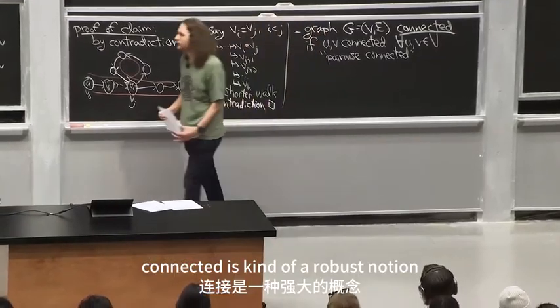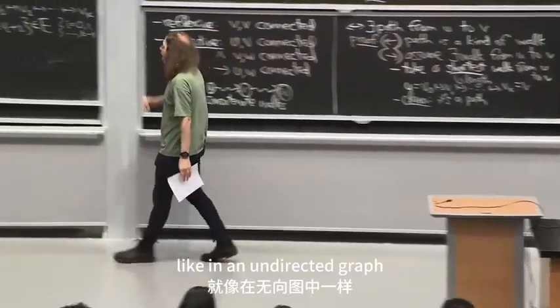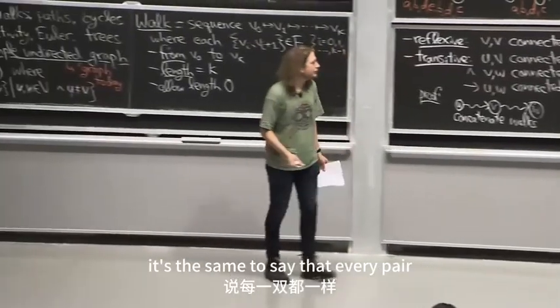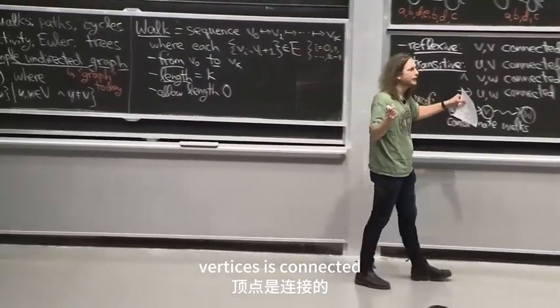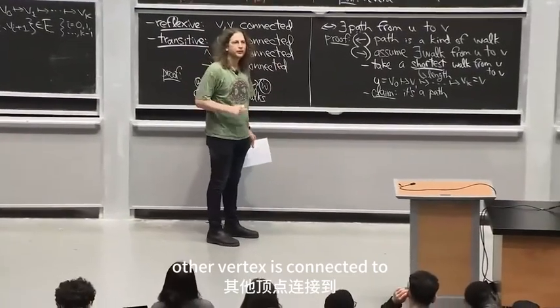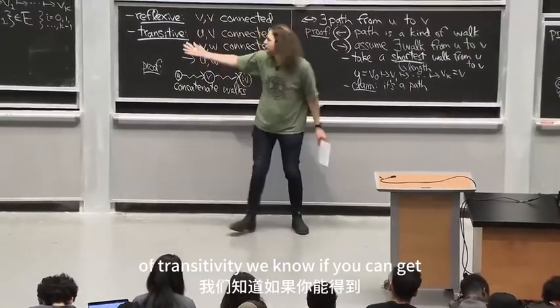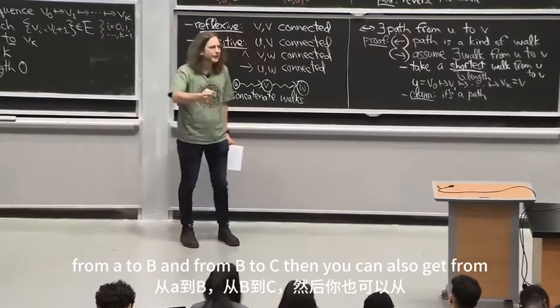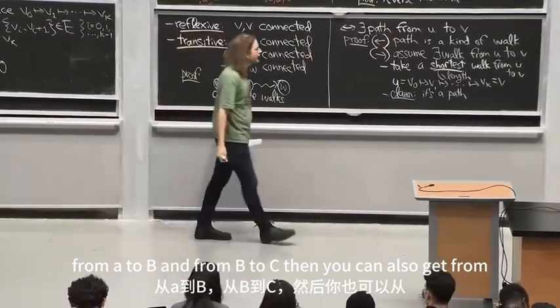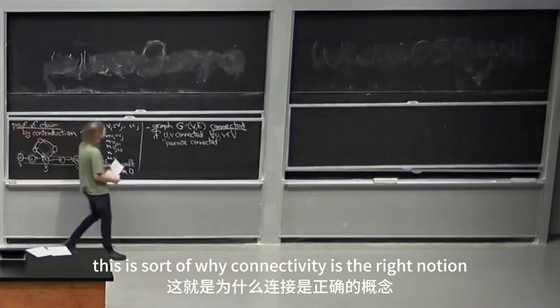Connected is kind of a robust notion because of things like transitivity. Like in an undirected graph, it's the same to say that every pair of vertices is connected as it is to say that there's some vertex that every other vertex is connected to, because of transitivity. We know if you can get from A to B and from B to C, then you can also get from A to C. Okay, so this is sort of why connectivity is the right notion.